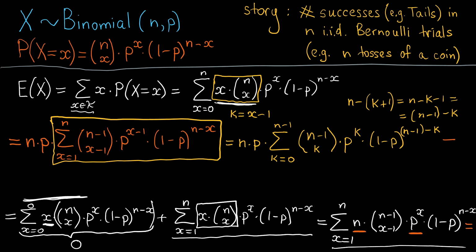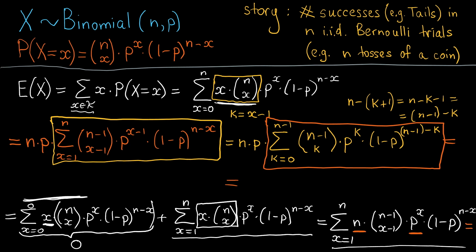And why is this interesting? Well, because now this summation here, look at it carefully, is a summation of the PMF of a particular binomial random variable over its support. So think of a random variable x that has the binomial distribution, but with parameters not n and p, but n minus 1 and p.